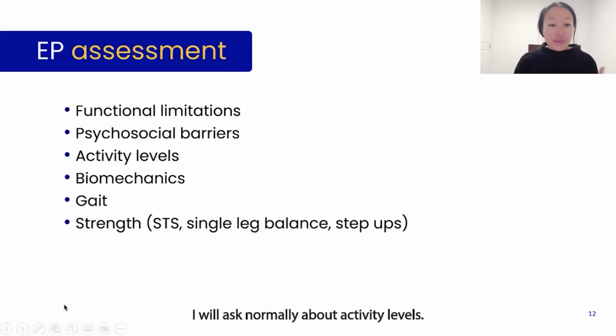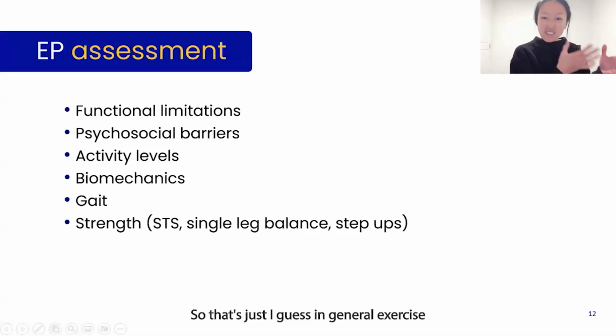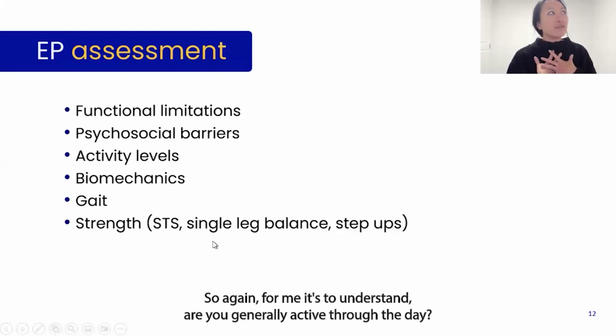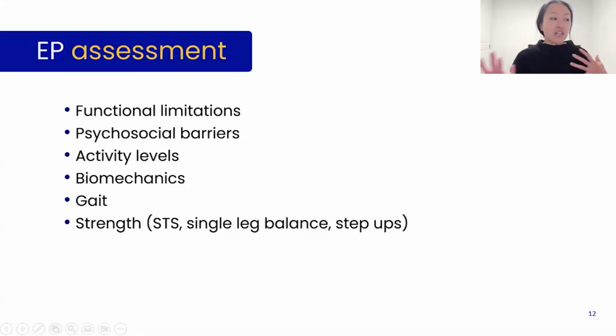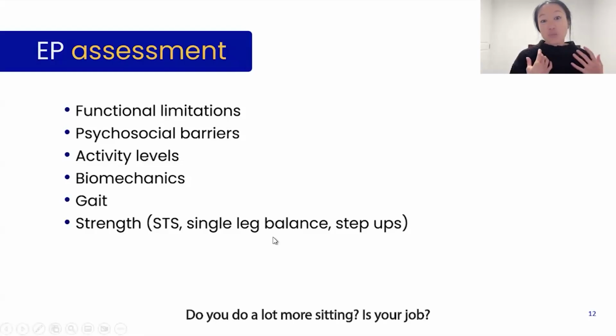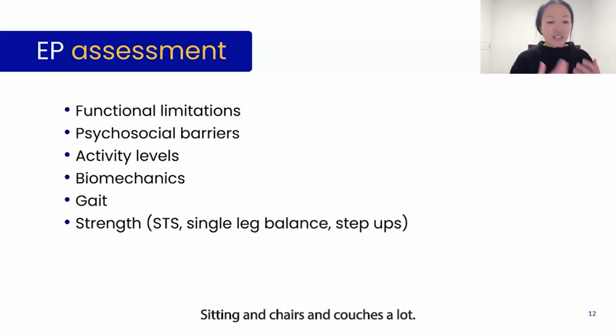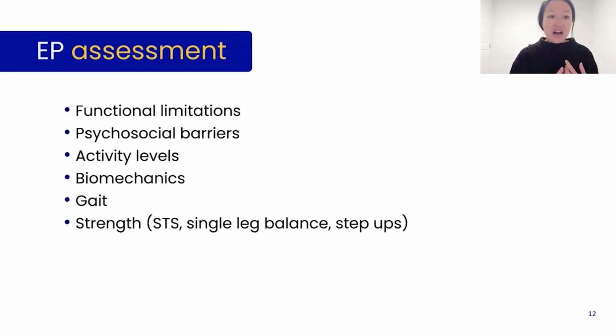I will ask normally about activity levels. So that's just, I guess, in general, exercise and what exercise you're currently doing, even just incidental movement. So again, for me, it's to understand, are you generally active through the day? Do you do a lot more sitting? Is your job desk-based? Are you sitting in chairs and couches a lot? Are you doing a lot of driving?